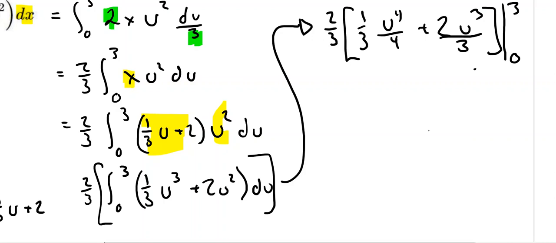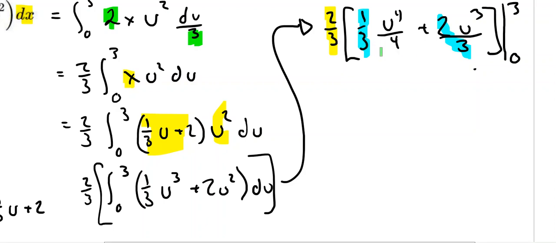But we've got a little more cleaning up to do. So let's distribute this 2/3 times the 1/3 and then times this 2/3. So 2/3 times 1/3 is 2/9. Oh, and then let me backtrack here a little bit. This 3 times this 3 times this 4. 3 times 3 is 9 times 4 is 36.